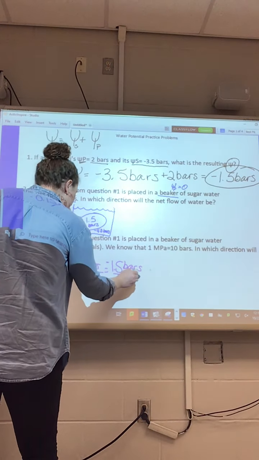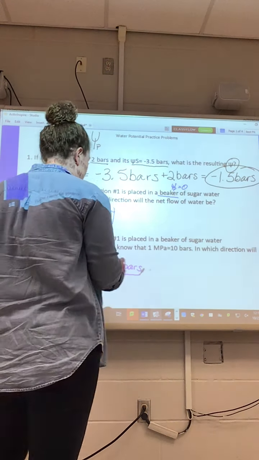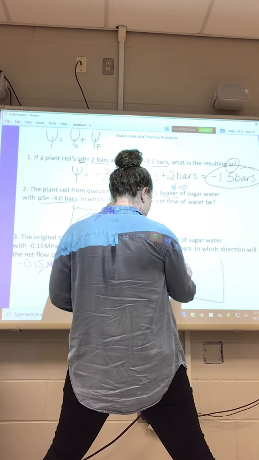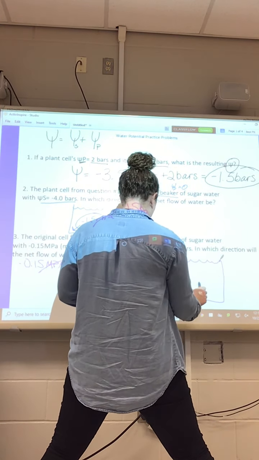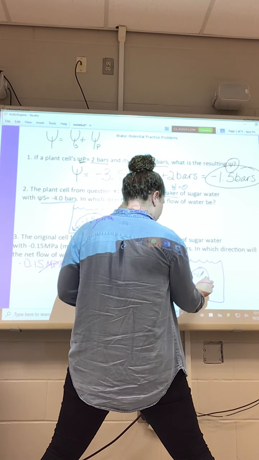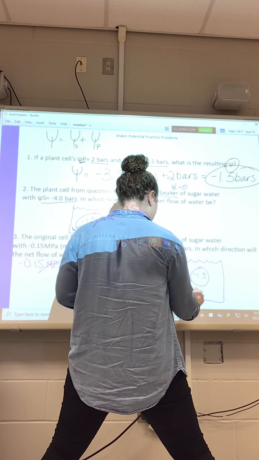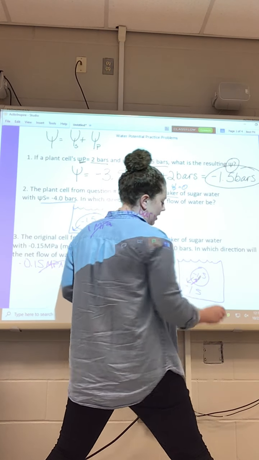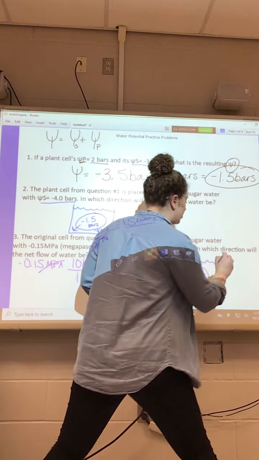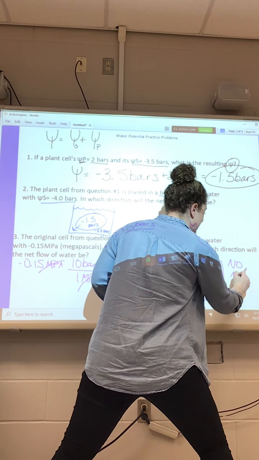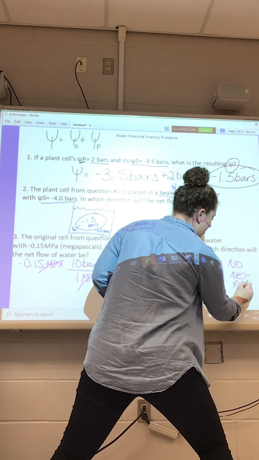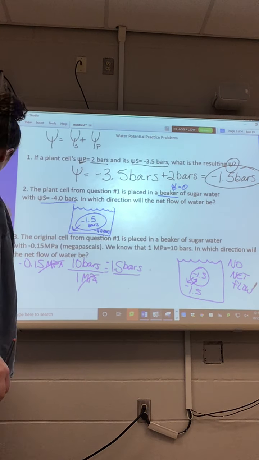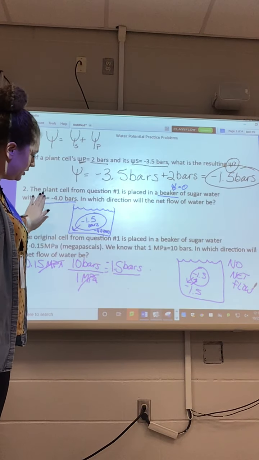Make sure you do that, okay? So I'm going to drop it in my beaker. If that cell is negative 1.5 and the solution is negative 1.5, there's going to be no net flow. It's going to go in and out at about the same rate, so no net flow. It's at equilibrium. All right, so that's number 1, 2, and 3.